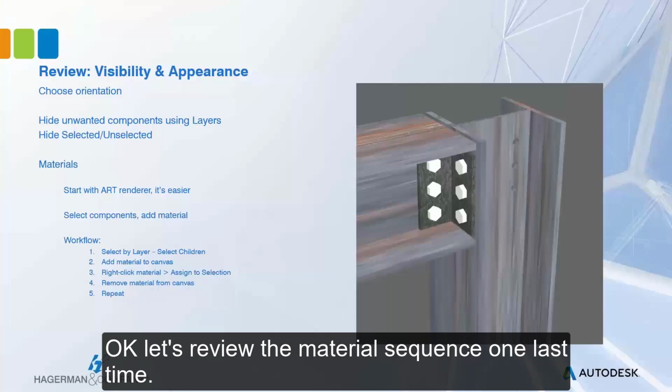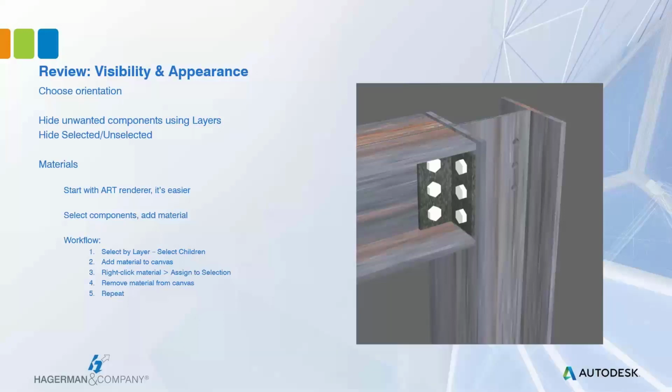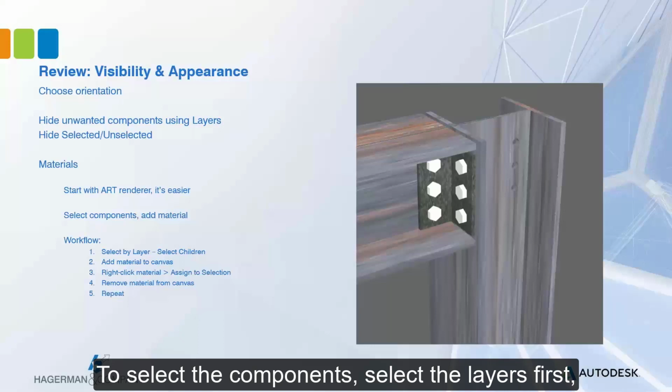Okay, so let's review the material sequence here one last time. Again, we did start with the art renderer, which is the default. It's very easy to apply materials to get started. We select our components, and here's the workflow, the steps that we used.